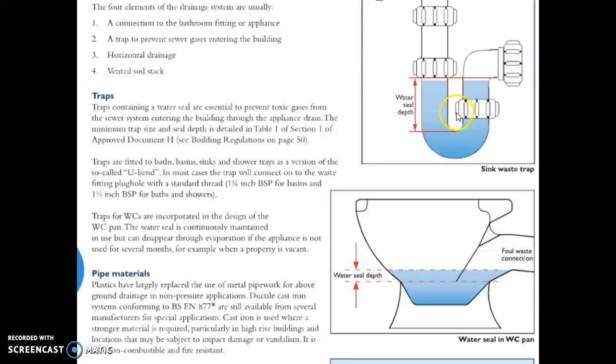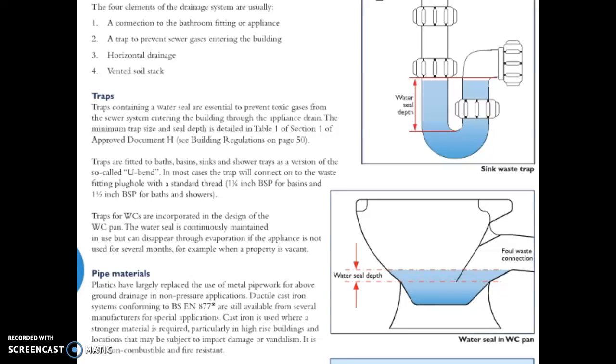There are obviously other reasons why the water in that trap can be lost, and that's because the gradient of the pipe can be too steep, and that causes something called siphonage. It can also be affected by adjacent appliances, so adjacent showers or baths or toilets can affect the drainage in the system, again causing what we call induced siphonage.